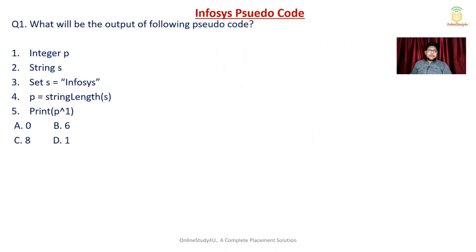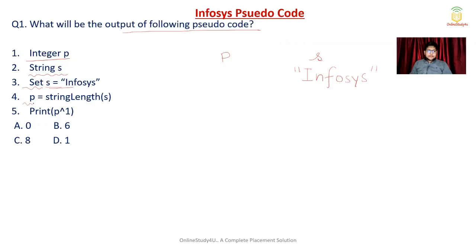Okay, what will be the output of the following pseudocode? We have been given an integer p and a string s. The string s is set to the string Infosys.